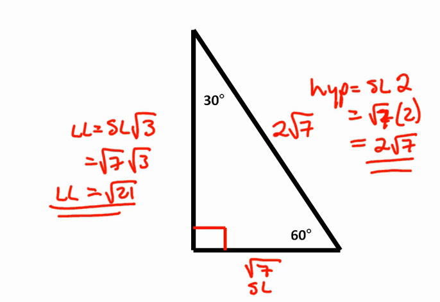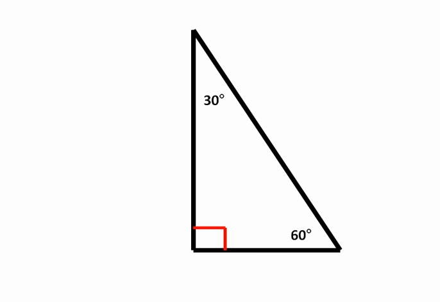Let's take another look at another example, and let's do the square root of, let's say, 13. And I know this is the short leg because it's opposite 30. I know that this is the hypotenuse because it's opposite 90, the 90-degree angle, and we know that because it's a 30, 60, 90 triangle, the short leg is times 2.